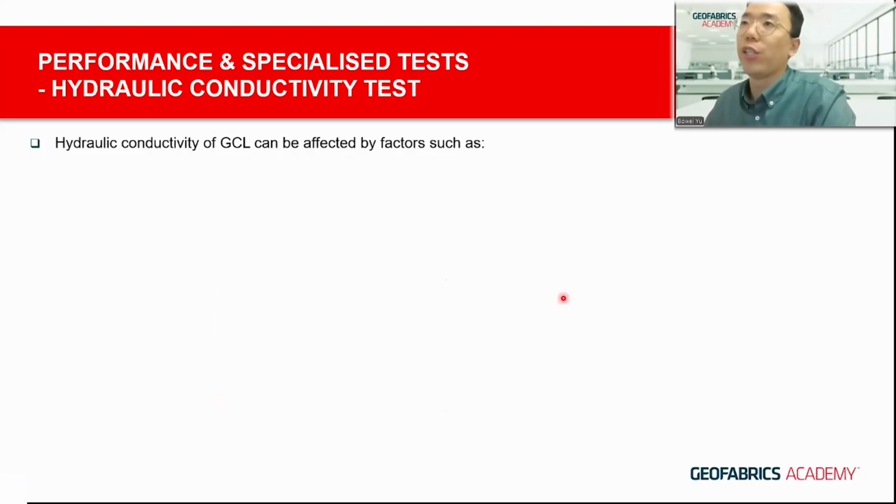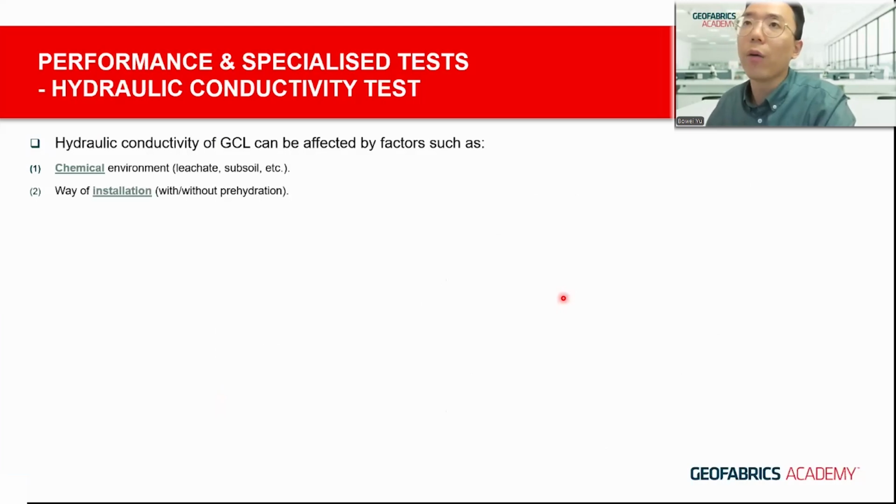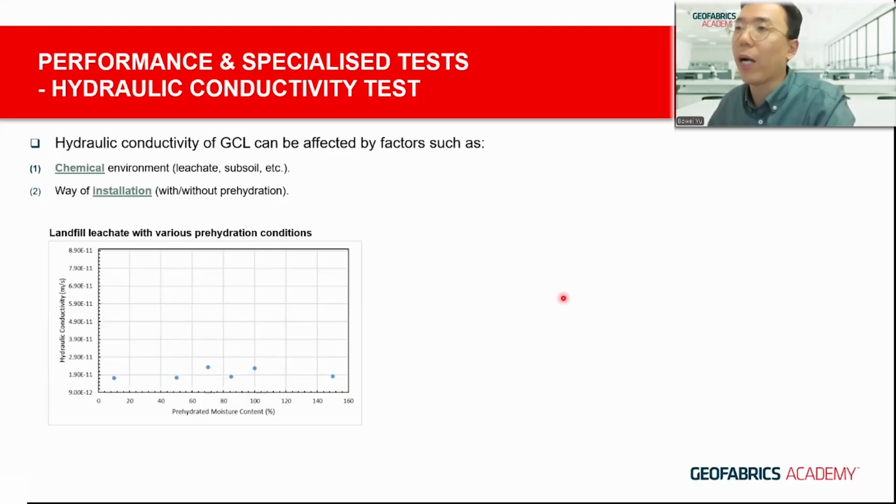Hydraulic conductivity of GCL, again, can be affected by a few factors. For example, the chemical environment, like the leachate or the subsoil the GCL is exposed to, and the way of installation, whether with prehydration or without prehydration. Regarding that, we recently did a research program, and we challenged our GCL with different prehydration conditions before exposing it to a real landfill leachate.